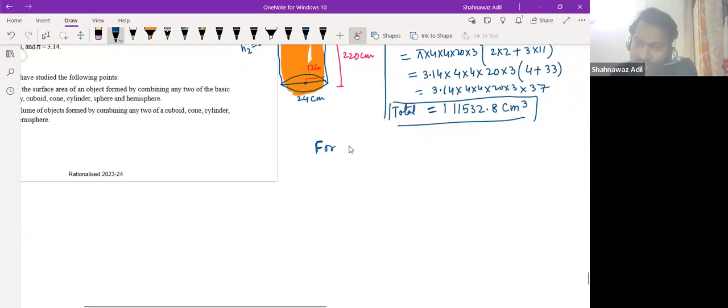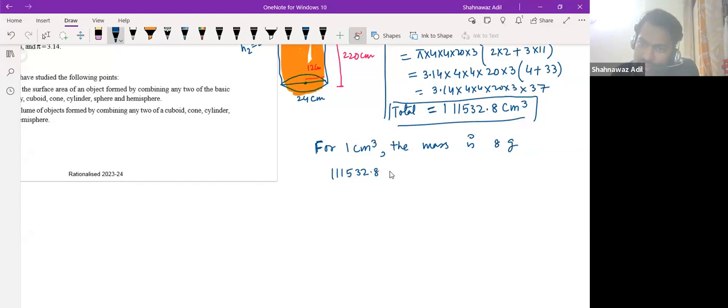For 1 centimeter cube, the mass is 8 grams. So for 0.8 centimeter cube, the mass would be 8 into whatever this number is.